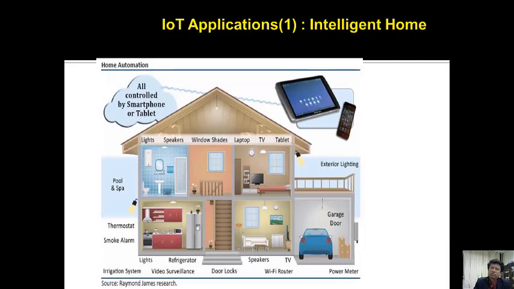Now, let us look at some of the basic applications. Let's look at smart home applications, where maintaining a comfortable temperature and heating of water are the most energy consuming tasks of the house, with huge potential of energy conservation.